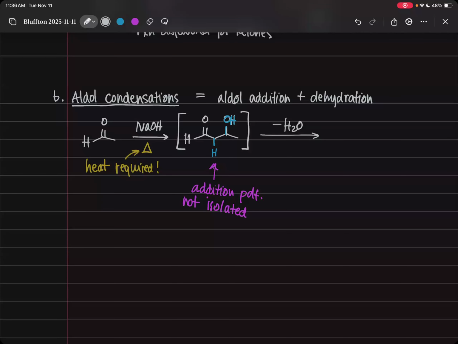So we dehydrate, and that means we get a double bond in between those two carbons. Right there.